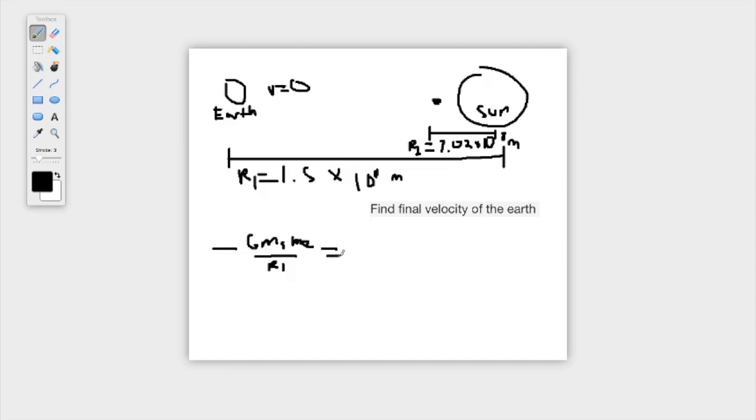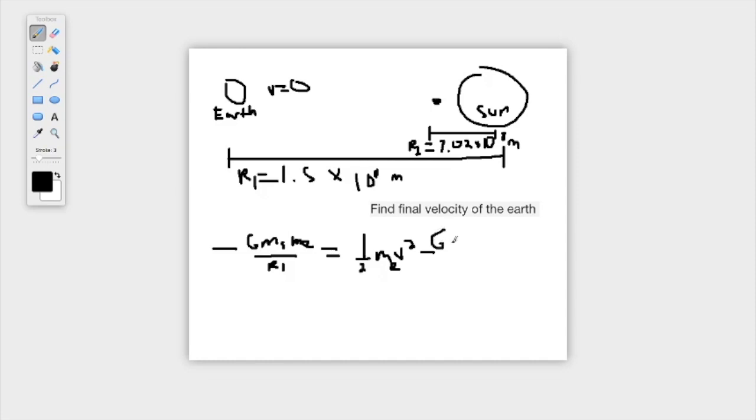But then at the final state, you have some speed, v, what we're trying to find, and this is the mass of the Earth, and you have some distance r2 away between the Sun and the Earth.